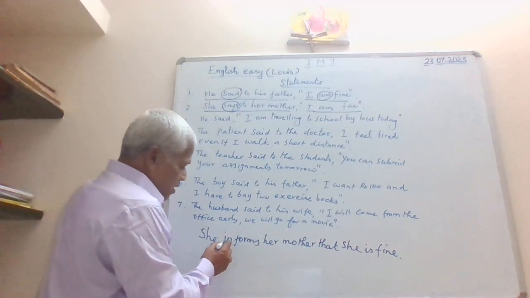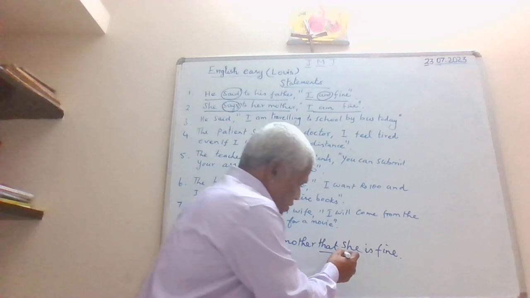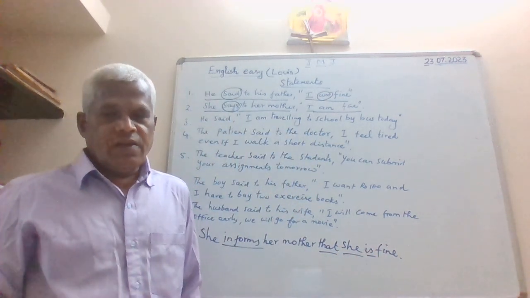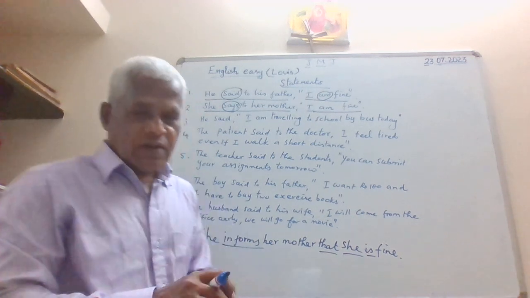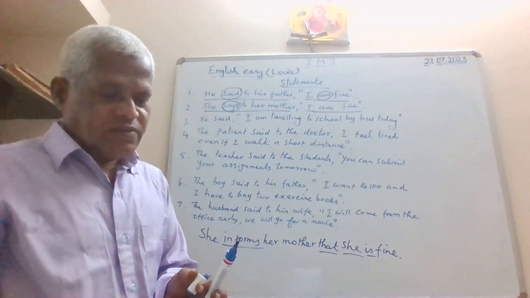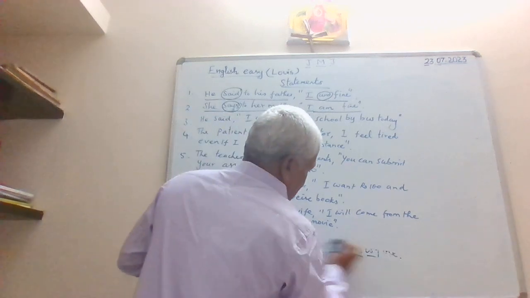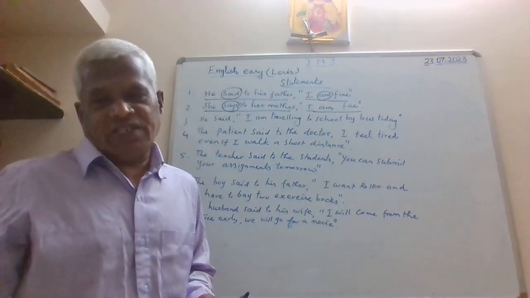So you have changed the verb, added the conjunction, changed the pronoun, and then the tense. Alright, so we move to the next sentence. Good, we are all smart. Very easy. See, everything becomes easy provided we show our interest.